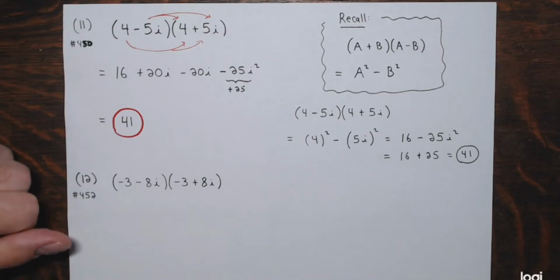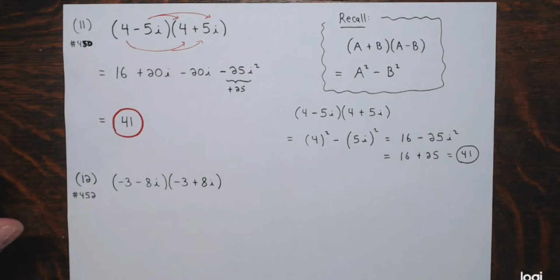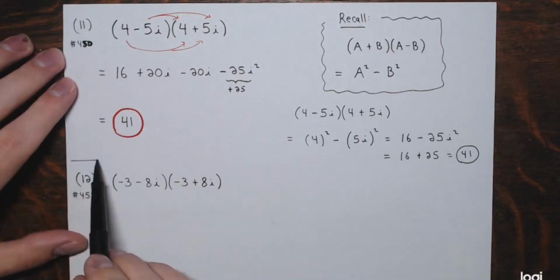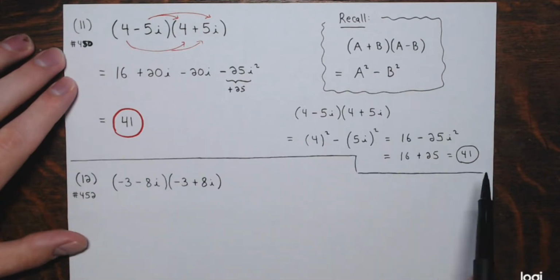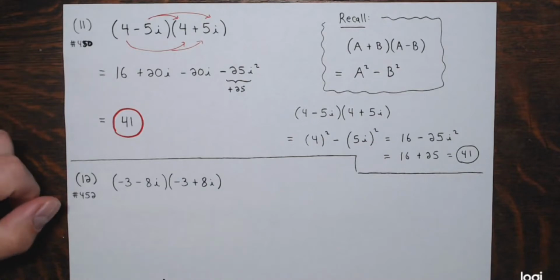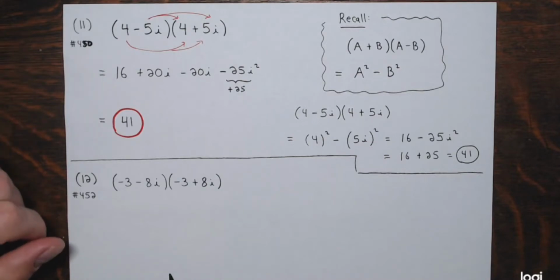So yeah, if you can recognize that we have conjugate pairs here, then you should know that the result will just be a difference of squares. And it'll make it really easy. And one other thing to notice too that'll be useful in future videos on dividing complex numbers.